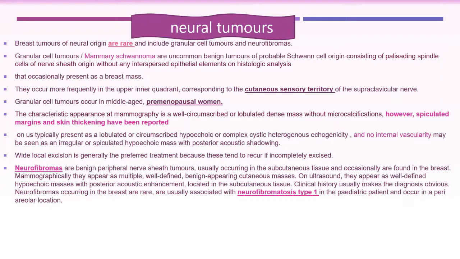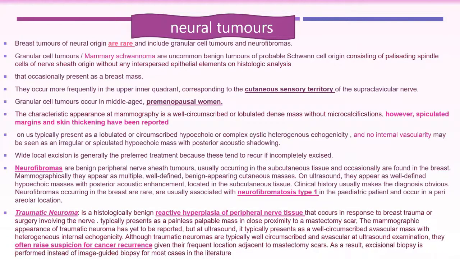Okay, and commonly it is a circumscribed non-calcified mass, but sometimes it might appear with a spiculated margin, even with skin changes, and can simulate breast carcinoma. We already described that neurofibromas are usually seen with neurofibromatosis type 1. And there is another entity we have to think about, a very important one, which is traumatic neuroma.